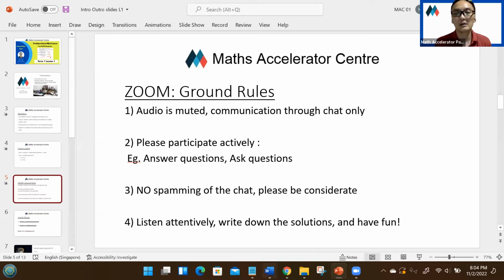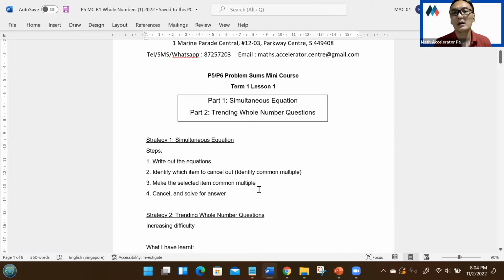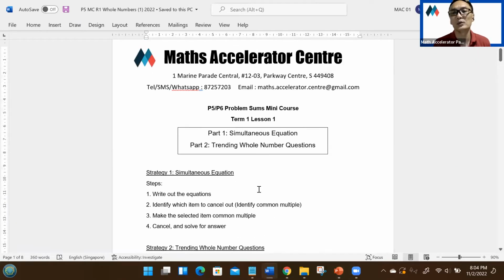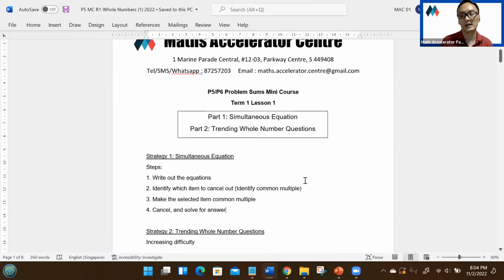How many of you have downloaded and printed the worksheet? If you have, can you type 1? If not, can you type NO? Okay, most of you have 1.